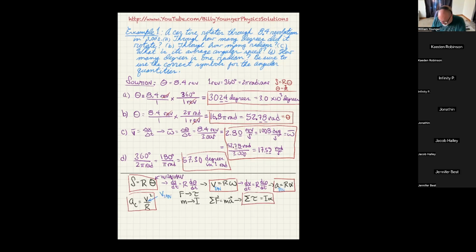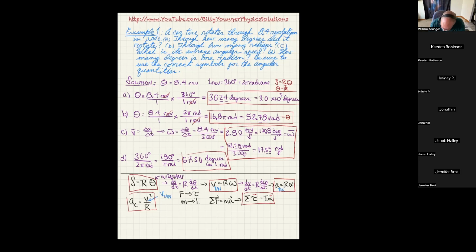And it's usually good enough to just deal with a two-dimensional problem, in which case the vectors are sort of irrelevant, but in principle it could have vector symbols over it. And your book takes a little bit of time to define the direction of the omega vector and the direction of the alpha vector, for instance.